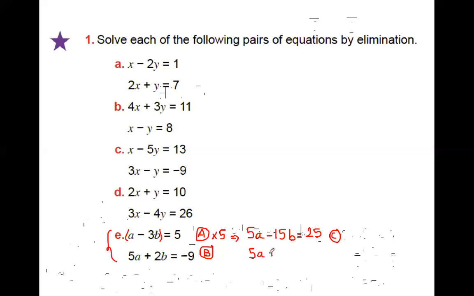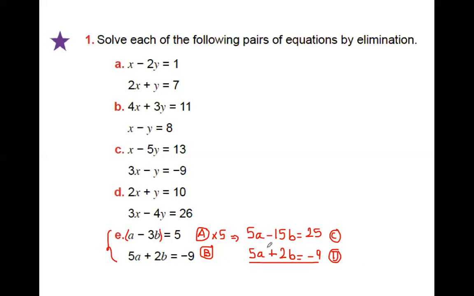Or you can say you've timed it by 1, B, plus 2B equal negative 9. Technically, if I call this D, it's a bit like I've done B times 1. Now I've got 2 new equations. To eliminate A, we're just going to do the difference between them two, yeah?